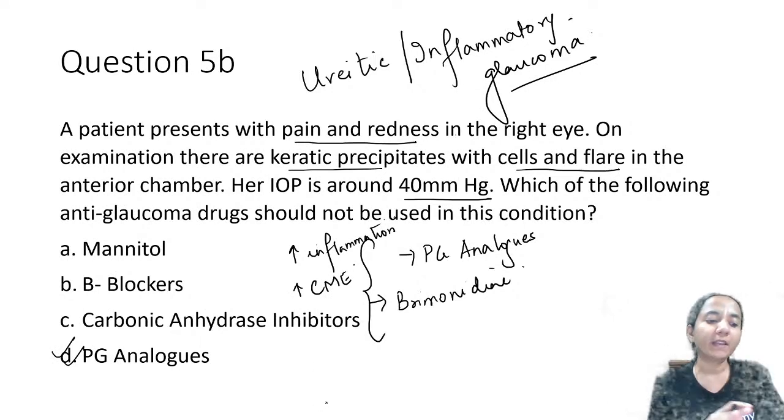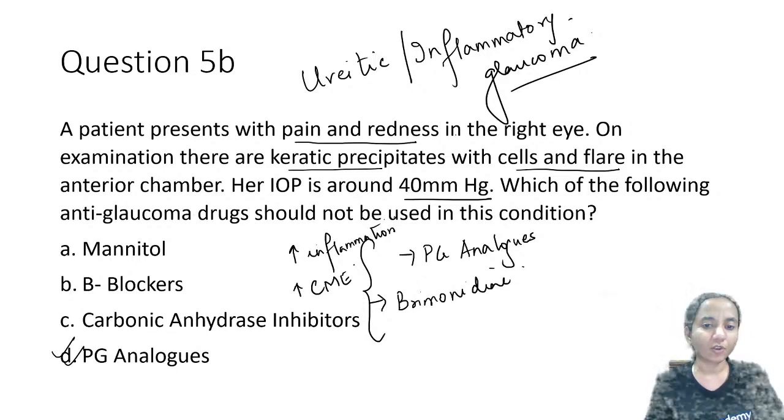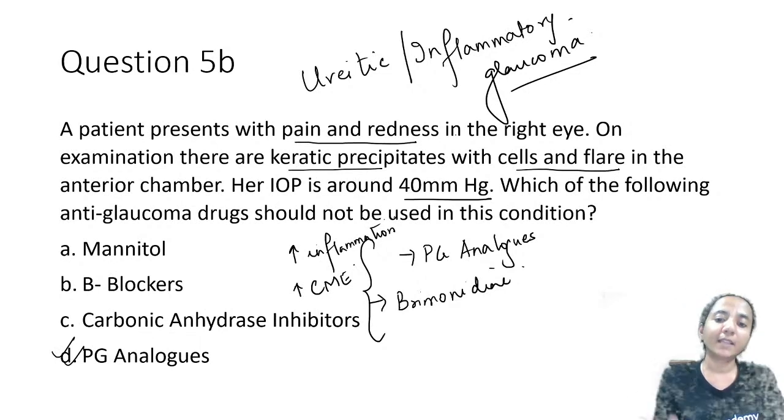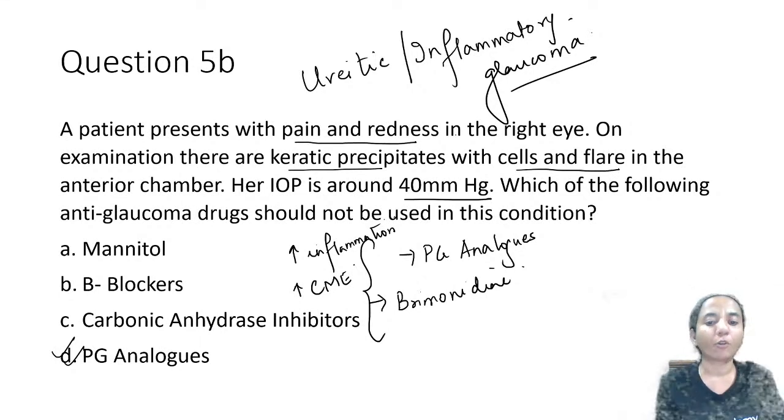Cystoid macular edema in itself is a complication of uveitis, and these two drugs further increase the chance of causing it. So that's why they are to be avoided in this group. So PG analogs and brimonidine are not to be given in uveitic glaucoma.